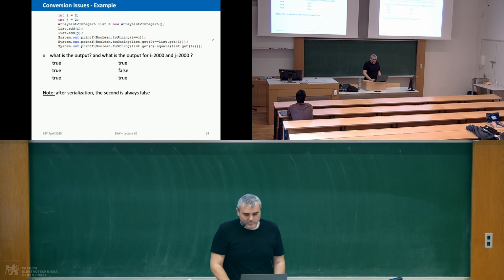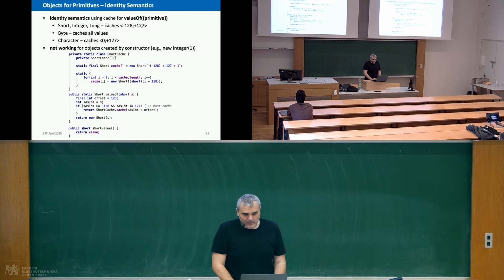It is done just for some limited amount of numbers, and as you mentioned correctly, it's done for up to 127 inclusive from minus 128. So for shorts, integers and longs, there is internal identity caching of this range. For bytes, it's unsigned, so it caches all values. For characters, it caches 0 to 127.